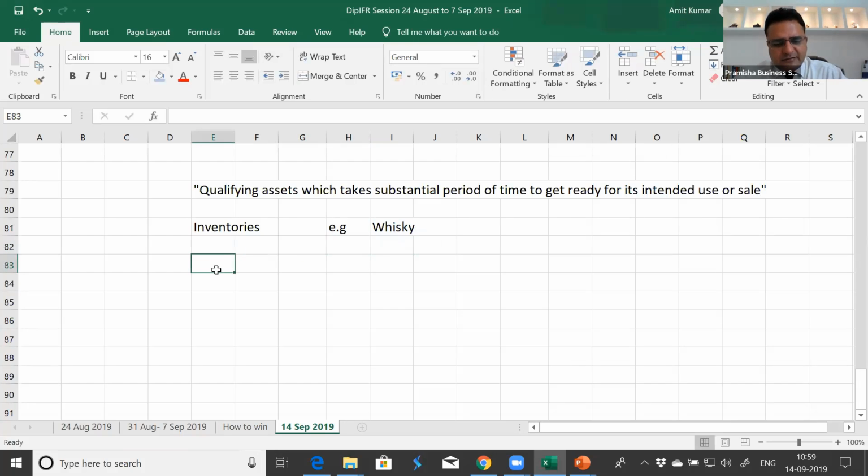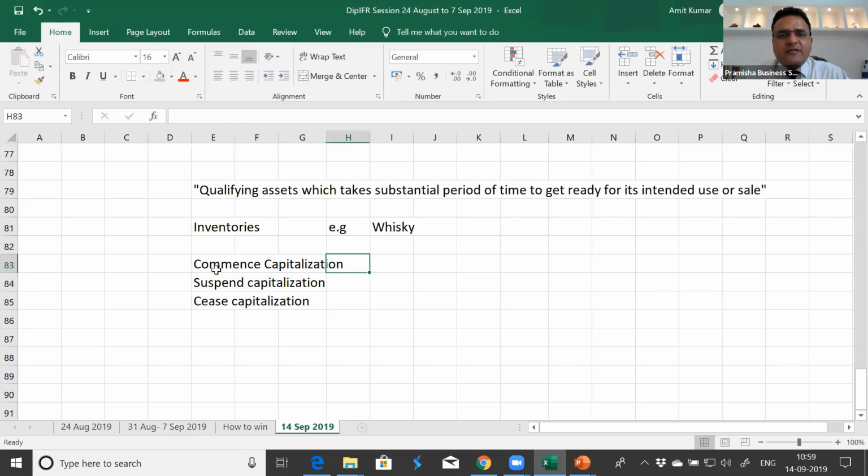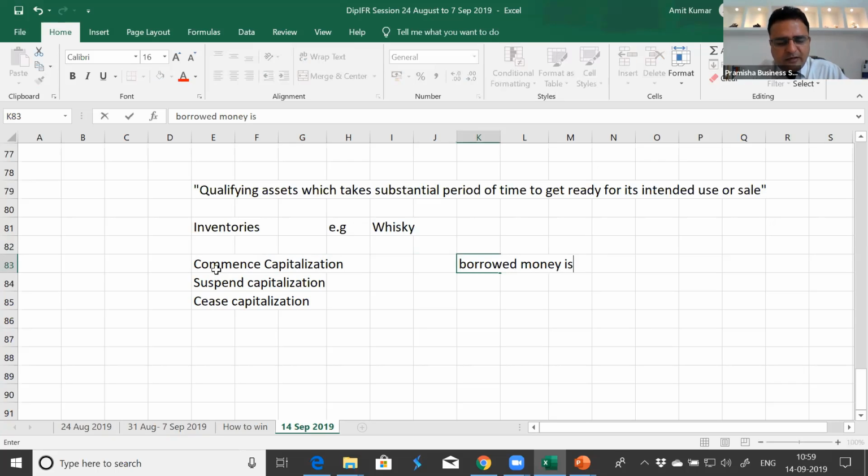When does it commence? There are 3 stages to it: commence capitalization, suspend capitalization, and cease capitalization. We commence capitalization when we start incurring borrowing costs, when borrowed money is being incurred.